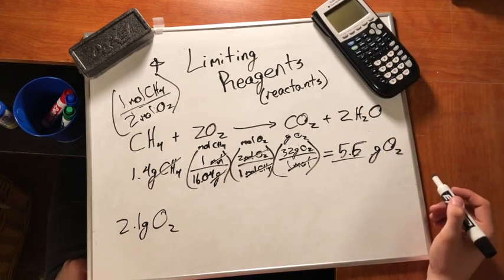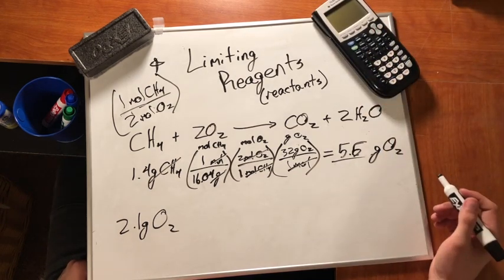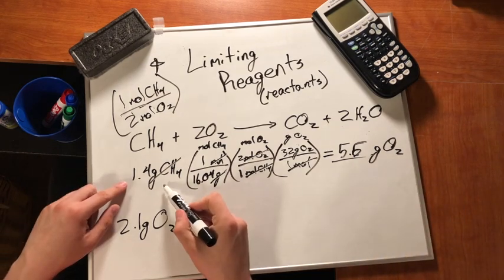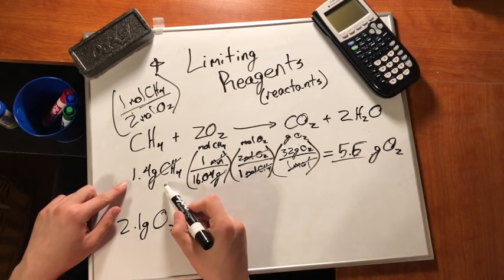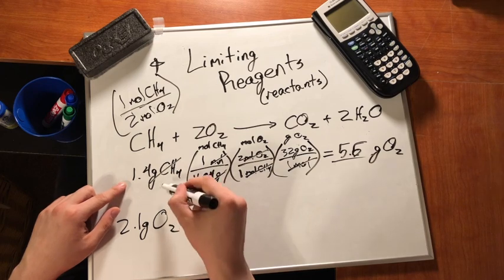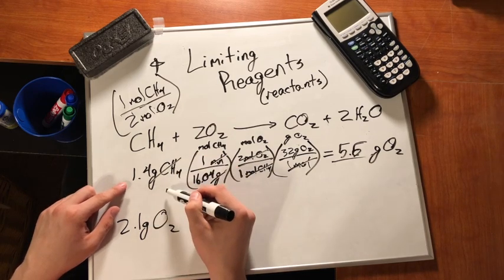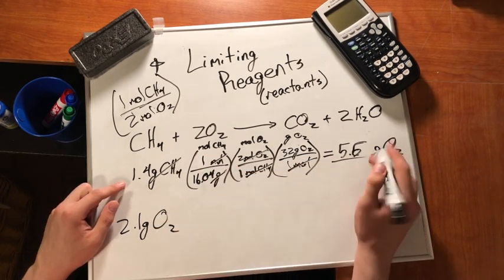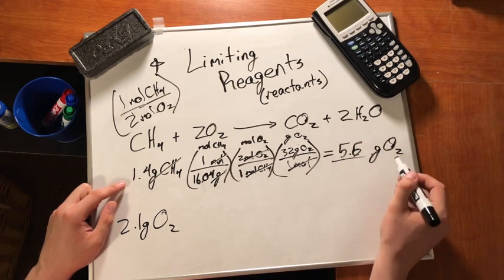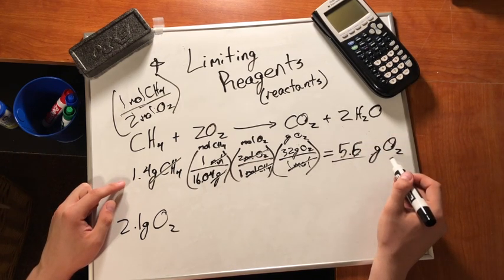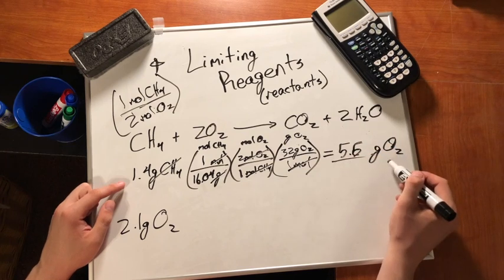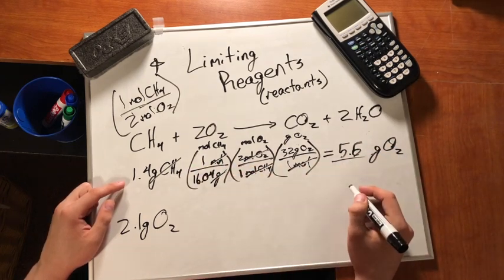So what does that tell me? What did we just figure out? We have 1.4 grams of methane. If I want to use all of this up in this reaction, we have calculated that I need 5.6 grams of O2. So then the question becomes, do I have enough oxygen to react with my methane?